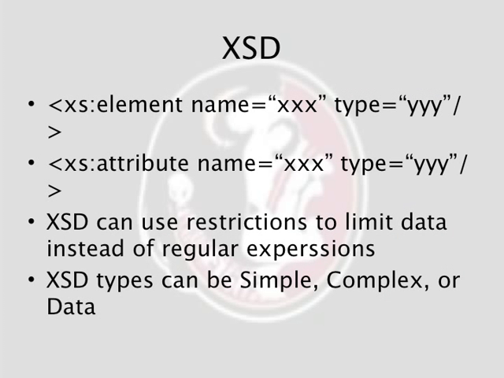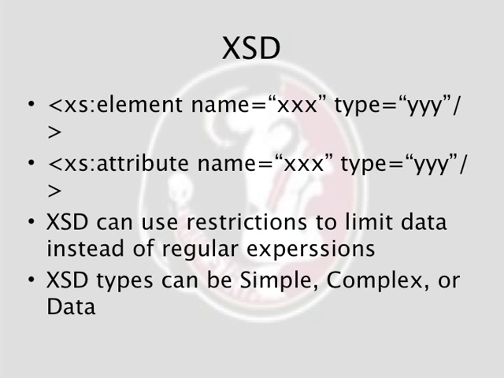So it looks the same a little bit. The capitalization or the font is a little bit different, but it still basically looks the same. It's just a little bit more descriptive. It's simpler to keep it all in one line. You can see the name of an element, the attribute name, its value, the type of this value. XSDs can use restrictions to limit data instead of regular expressions.